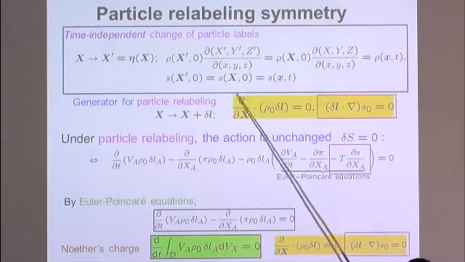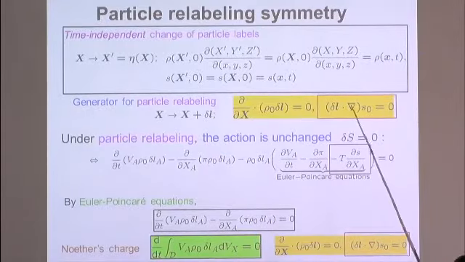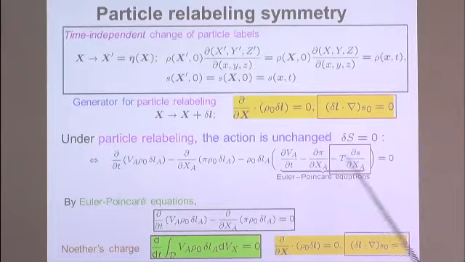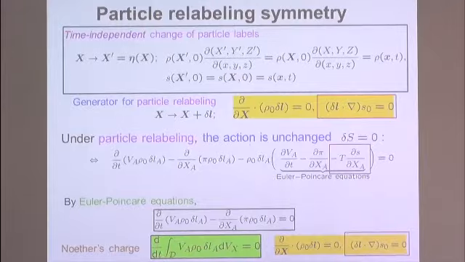Then this gives a constraint for the generator, and this is a new one. And you can easily check by these transformations that the action does not change. Then this identity is obtained, and if you assume the Euler-Poincare equations, then this is left. So it's obvious this is a conservation law.